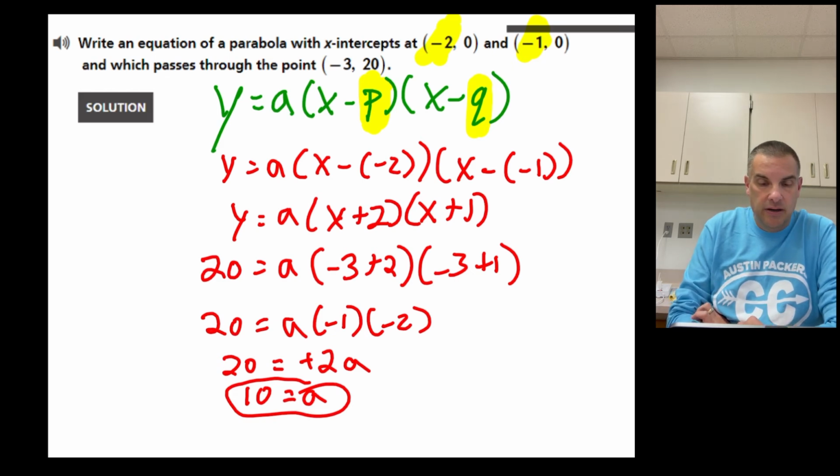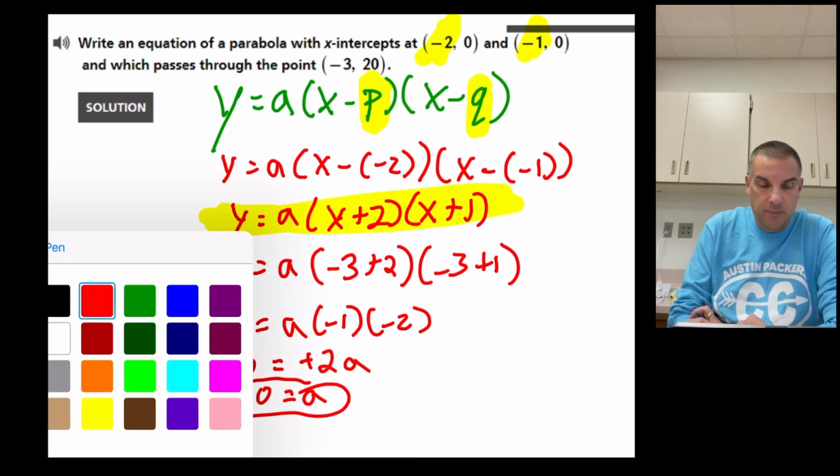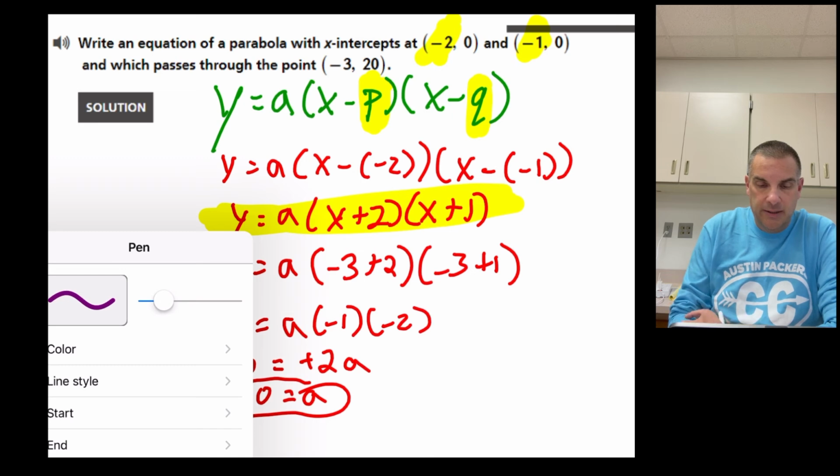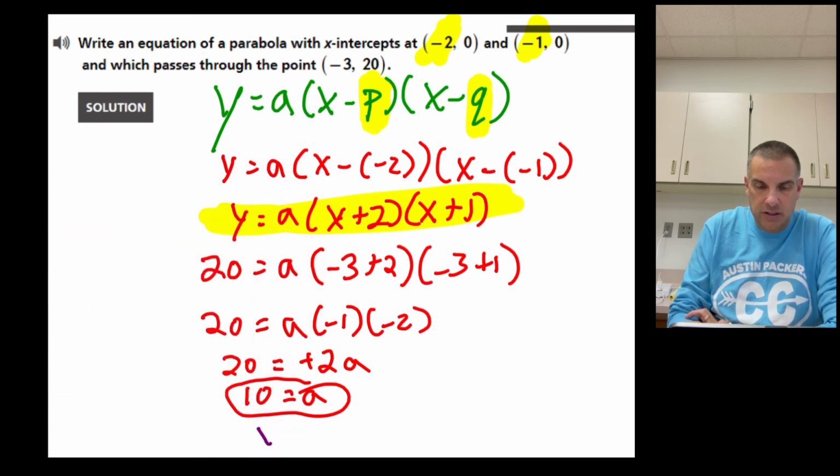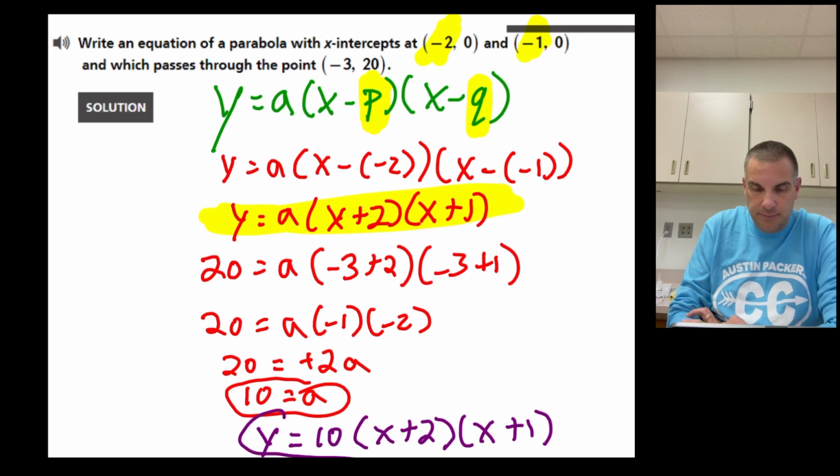Now we can rewrite our equation, the original equation we started out with, now that we know the a value. So y is equal to 10 times x plus 2 times x plus 1.